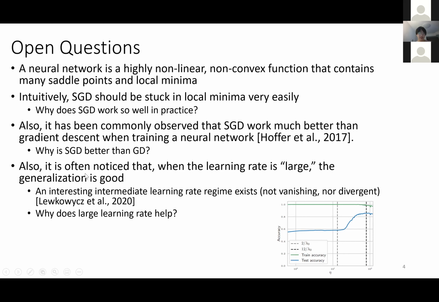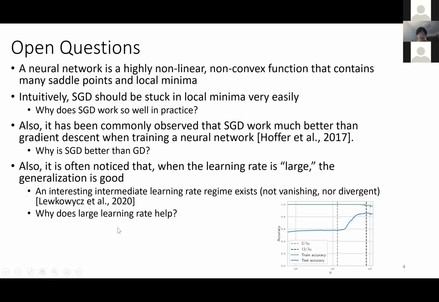Also, it is often noticed that when the learning rate is large, the generalization is good. Importantly, an interesting intermediate learning rate regime exists. So when the learning rate is neither vanishing nor divergent, you actually get quite good generalization behavior. So another crucial question would be, why does a large learning rate help?